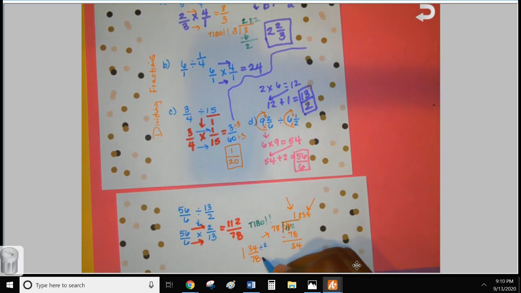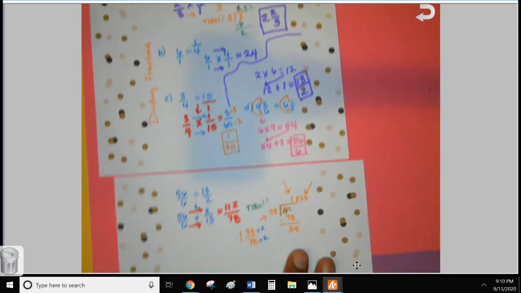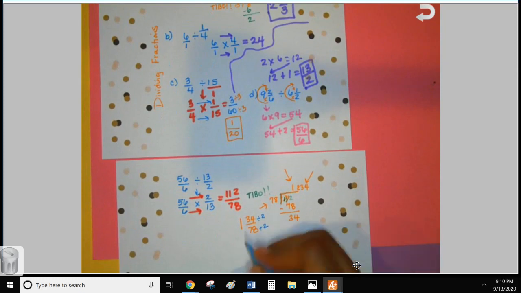So these both have an even number in the ones place. So I know it can be divided by 2. 34 divided by 2 will give me 17. And 78 divided by 2 will give me 39. So my final answer is 1 and 17/39ths.